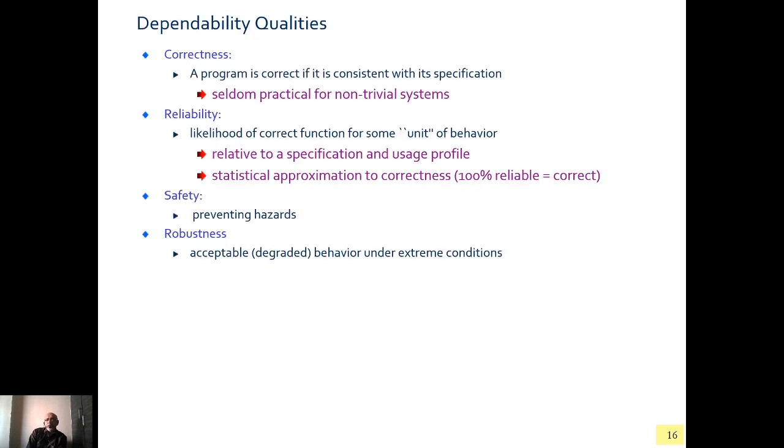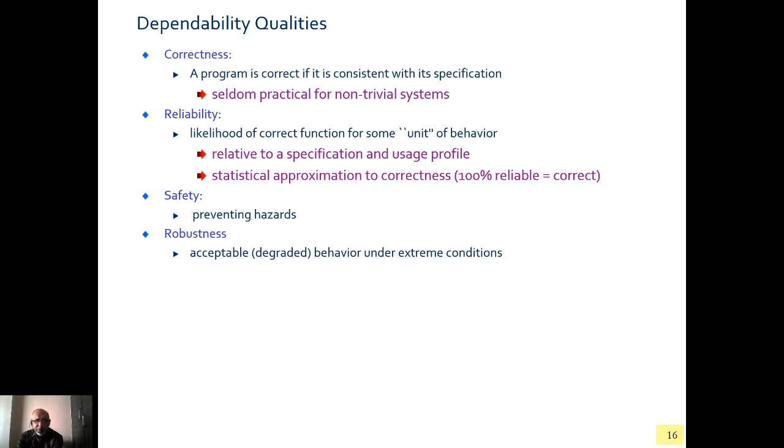So there is one more issue that one should address while testing: correctness, reliability, safety, and robustness. A program is correct if it is consistent with its specification. So no deviations are allowed. Correct functions for some unit of behavior is an indicator of reliability.